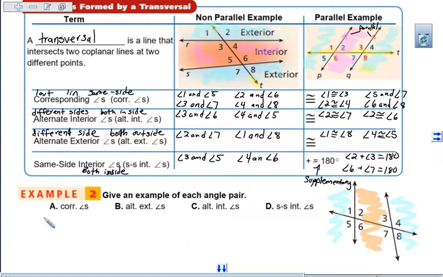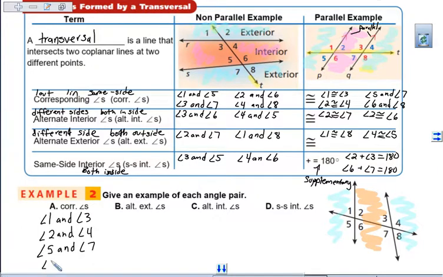So our corresponding angles would be angle 1 and angle 3. Another set would be angle 2 and angle 4. Another set would be angle 5 and angle 7. And the last set would be angle 6 and angle 8.